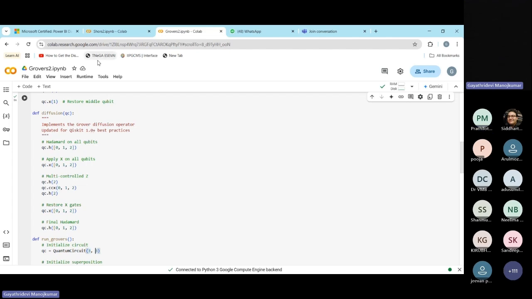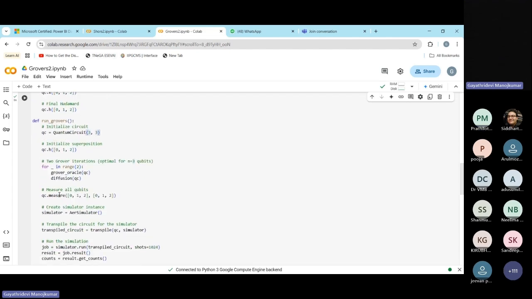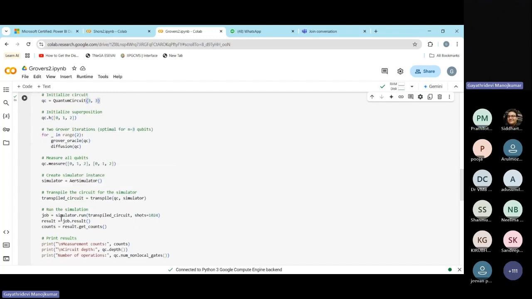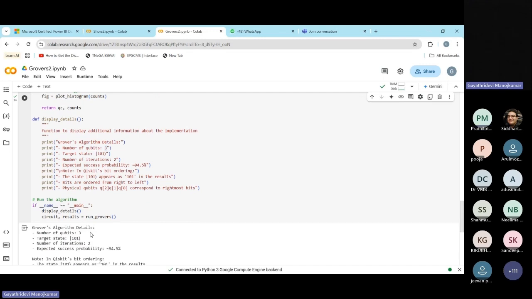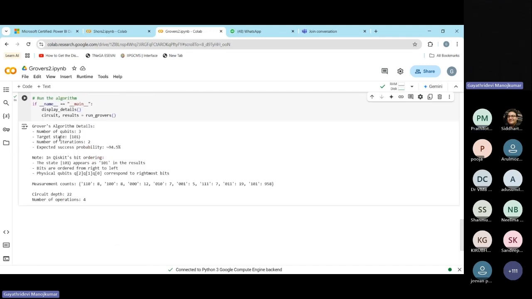Finally, we measure all the qubits and simulate. I have simulated the circuit with the help of a simulator. This circuit runs 1024 times, and I print all the solutions. As you can see, I have targeted the number of qubits as 3, the target bit is 101, and the number of iterations is 2.